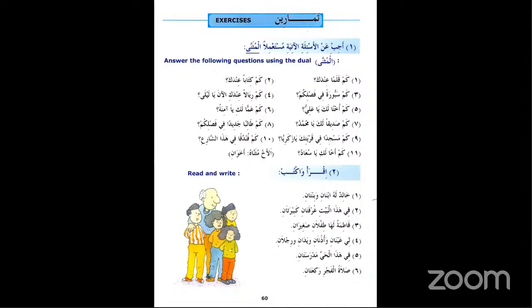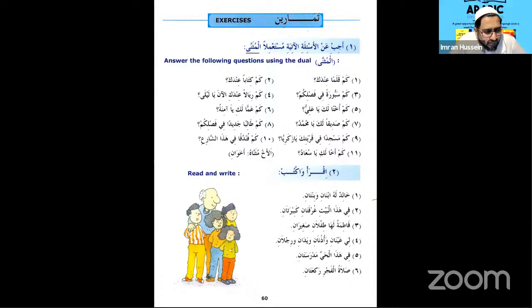Maulana Sahab, can't we say fi hadani fundukani? Fi hadani fundukani makes no sense. The translation would be in this 2 hotels. You need to first have a preposition after in.